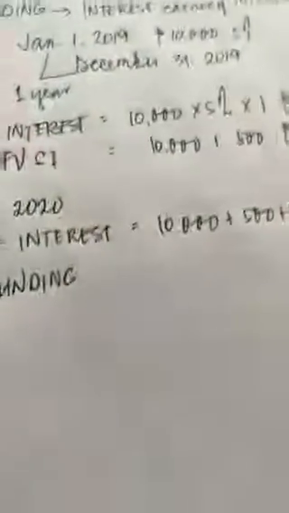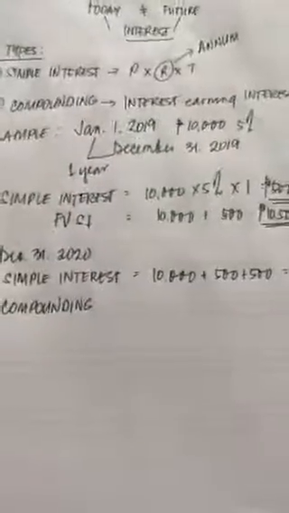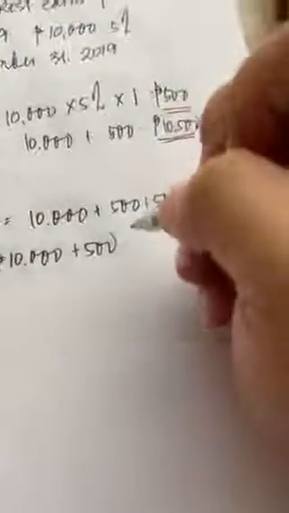But if we want to compute the interest using compounding, so we say that this is an interest earning another interest. So therefore, that would be 10,000 pesos plus the 500 pesos that we got for 2019.